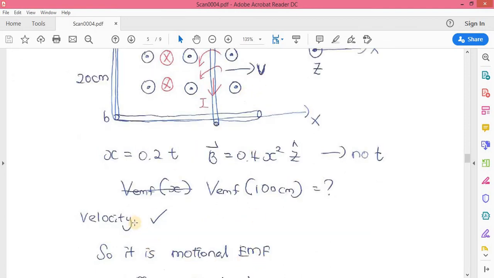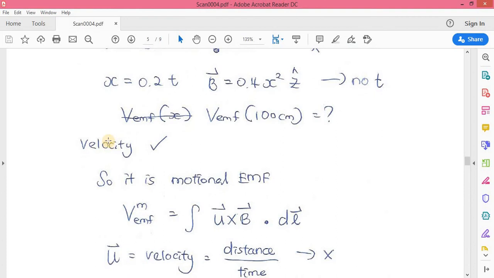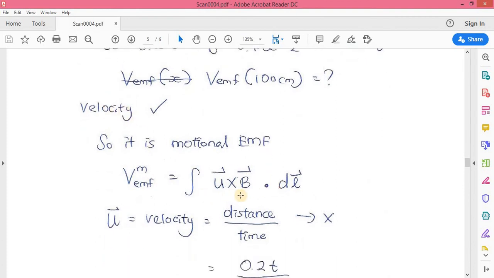You have velocity, and this is the position of the sliding bar at different times. And you have to find the EMF voltage at 100 centimeter. Since it has a velocity, it is motional EMF, and we have to use this one. So this is the equation for motional EMF.